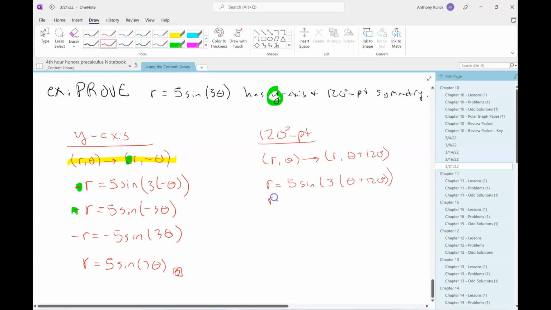Well, I'm going to distribute that 3 through. And I ask you the same question. Does anybody see an identity I could use here?